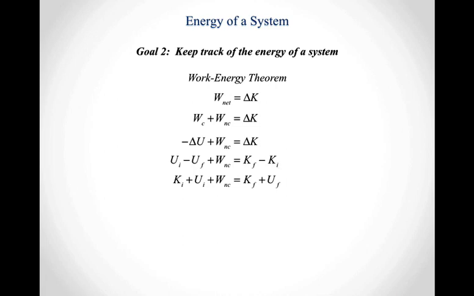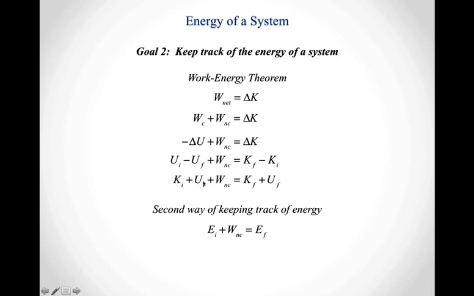I'm going to choose to take all the initial terms over to the left, the final terms over to the right, and so what I'm left with is this expression that says the initial kinetic energy plus the initial potential energy plus the work done by non-conservative forces equals the final kinetic energy plus the final potential energy. And so this gives us a second way to keep track of the total energy of a system.